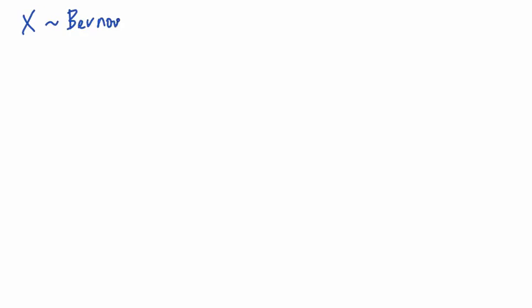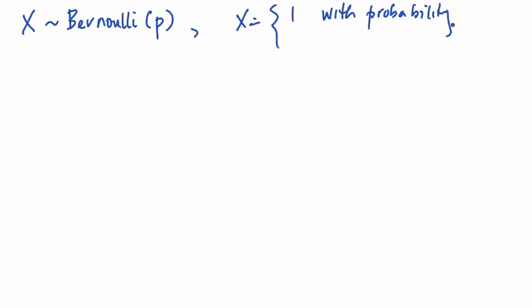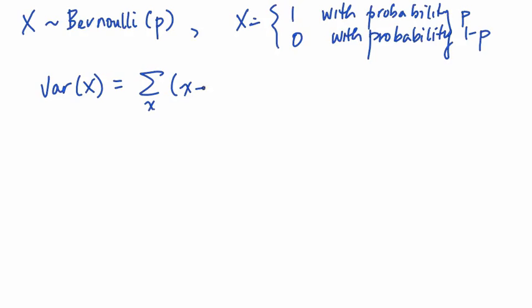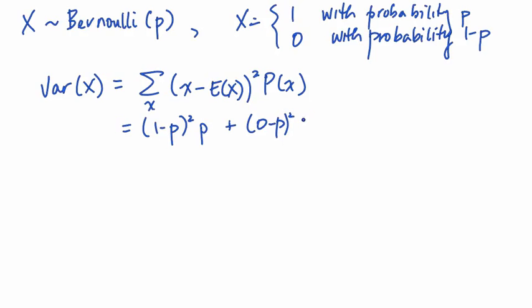Again, we'll look at one Bernoulli random variable, which is 1 or 0, or heads or tails, with probability p that it's a 1. Jeff showed us this formula for calculating the variance from a probability distribution, and for this Bernoulli random variable, we get p times 1 minus p.